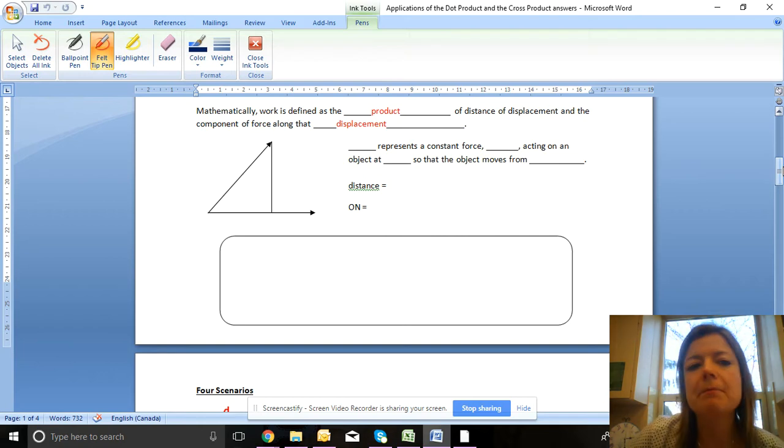So finally, we get to the mathematical definition of this. Work is defined as the product of the distance of displacement and the component of the force along that displacement.